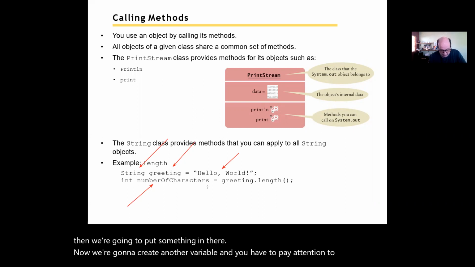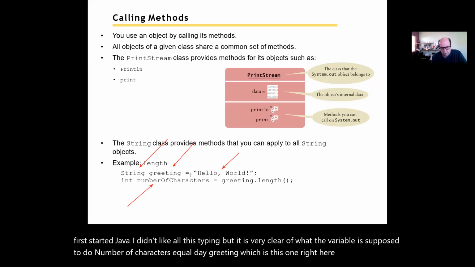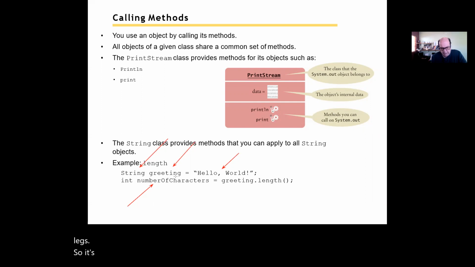I know when I first started Java, I didn't like all this typing, but it is very clear what the variable is supposed to do. Number of characters equals the greeting, which is this one right here, dot length. So it's going to go to this object greeting, which is a type of class. It's going to count all these characters, and it's going to return the value for it.